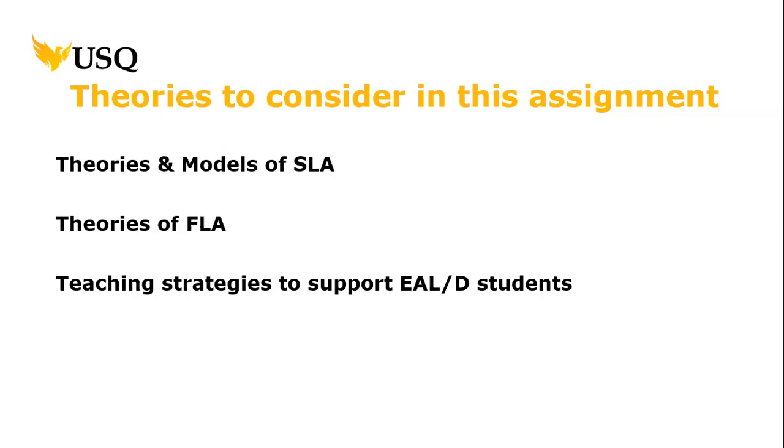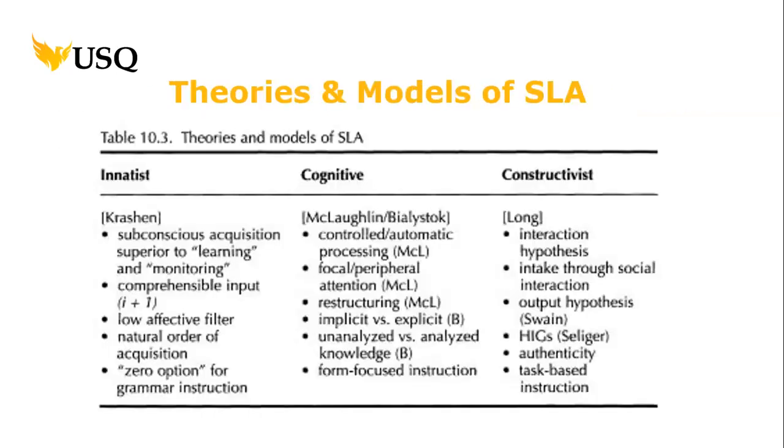So just go through, read more, and then you will have a thorough understanding as to how you're going to create your own model to suit language learners. And so these are some of the theories. So for second language learners, these are the theories. So it involves a bit of reading, right?